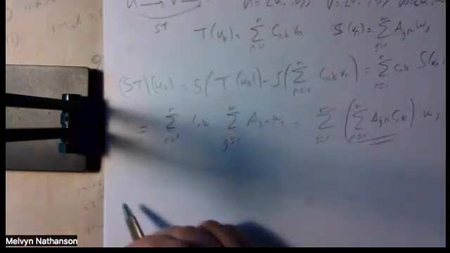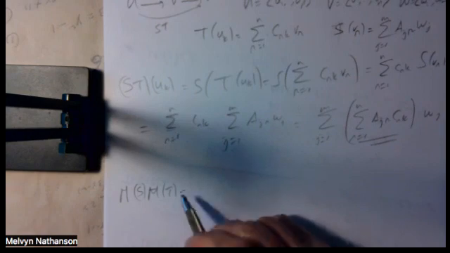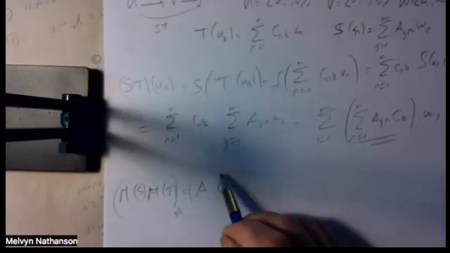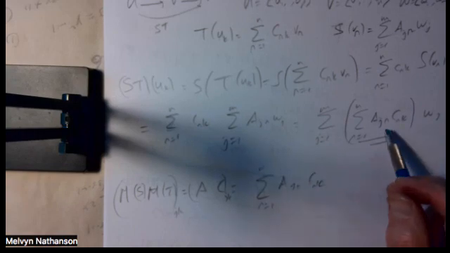What is this coordinate? If I multiply the matrix for S times the matrix for T, the matrix for S is A, the matrix for T is C. And when you do matrix multiplication, row into column, the j-kth coordinate of this will be the summation of a_jr c_rk, r goes from 1 up to N. That's exactly this.